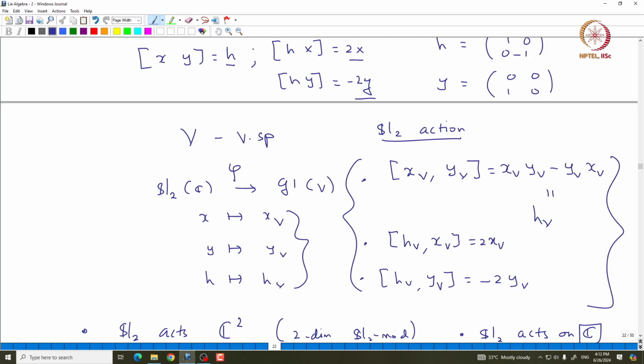That action gives you an irreducible representation, and then we will see abstractly how to construct irreducible representations. Using that we will make a one-to-one correspondence between irreducible representations of SL2 and the set of non-negative integers. I will stop here. We will continue with the SL2 representation theory in the next class. Thank you.